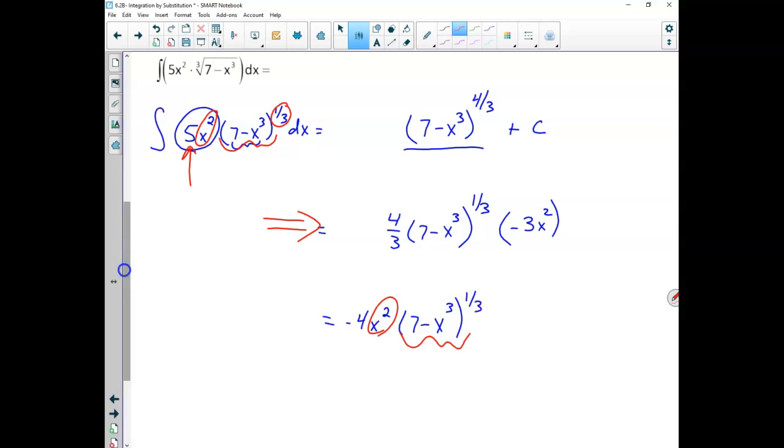I don't really want that 4, so I'm going to multiply by a 1/4 to get rid of that 4. But I do need a 5, not a negative 5, a positive 5. So what am I going to do here to get there? Well, I've got to multiply by a negative 5 to get that 5.